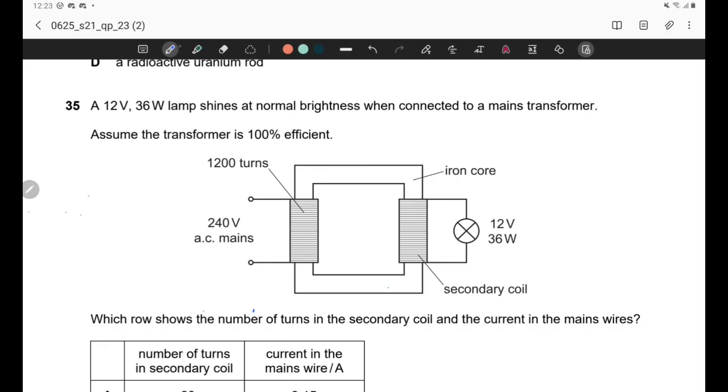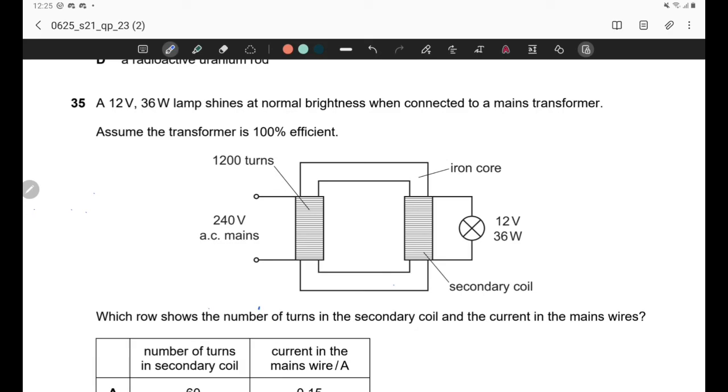Question 35. A 12 volt 36 watt lamp shines at normal brightness when connected to a mains transformer. Assume the transformer is 100% efficient. Which row shows the number of turns in the secondary coil and the current in the mains wires?